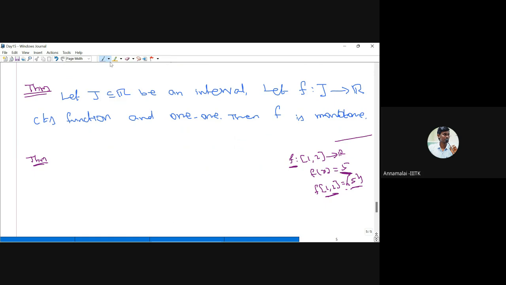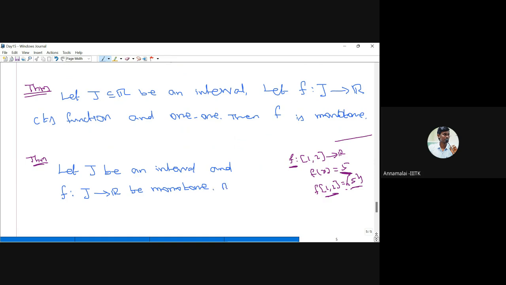So the theorem says, if we have a monotone function, let J be an interval and f a function from J to R be a monotone function.